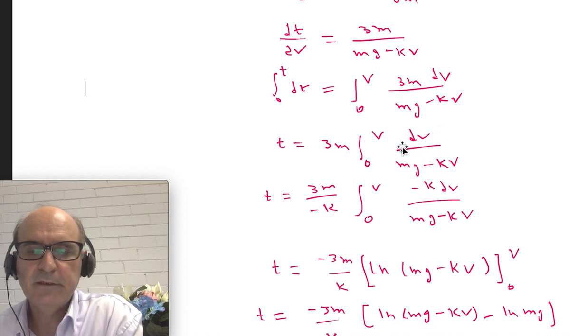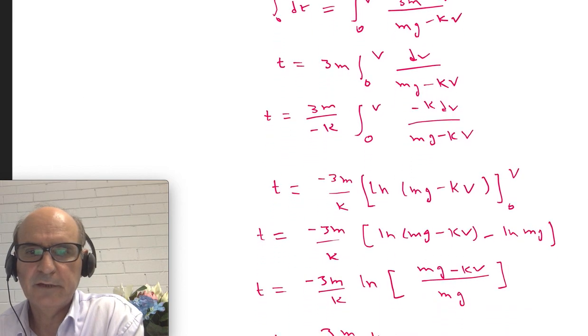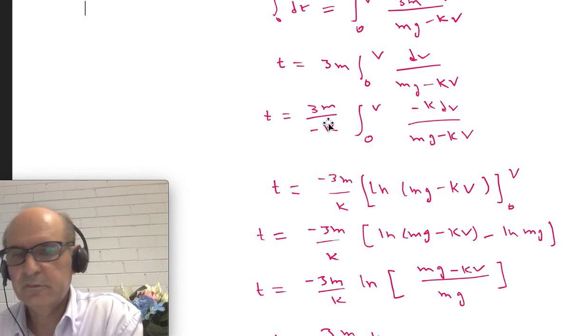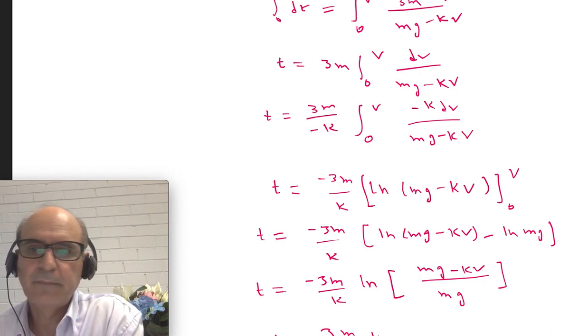If I can make the top the derivative of the denominator, then I can use the log as my answer. To do that, I need a derivative of the denominator, which is minus k, at the numerator. But to balance it out, I have to divide also by minus k, and because minus k is a constant value, I can take it out.